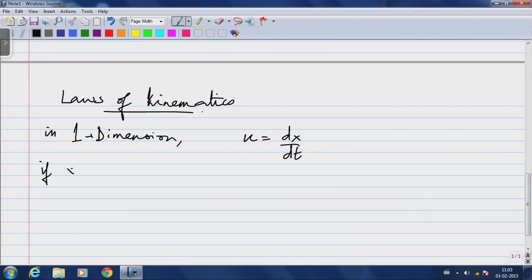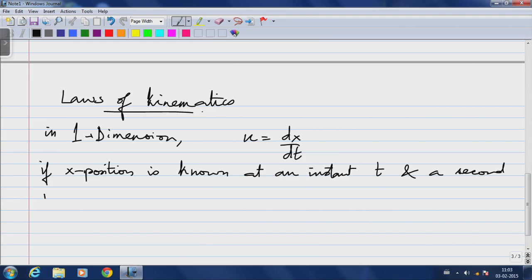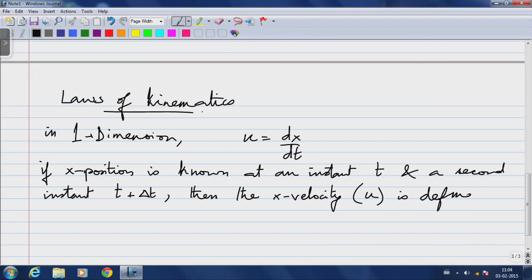So, if I know the x position is known at an instant t and a second instant t plus delta t, then the x velocity given by u is defined as the change in position in the time interval delta t divided by delta t.